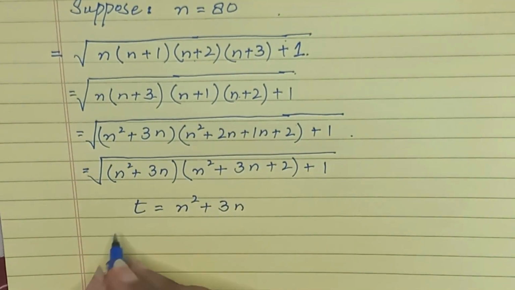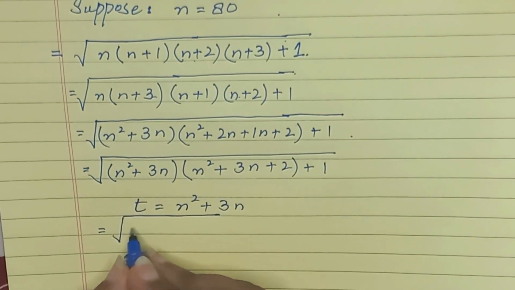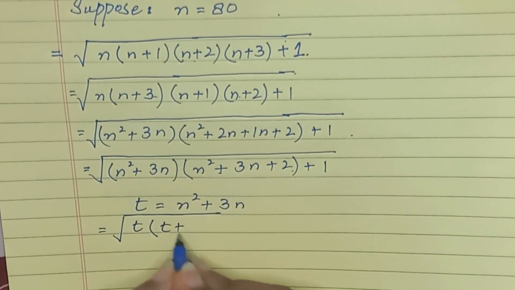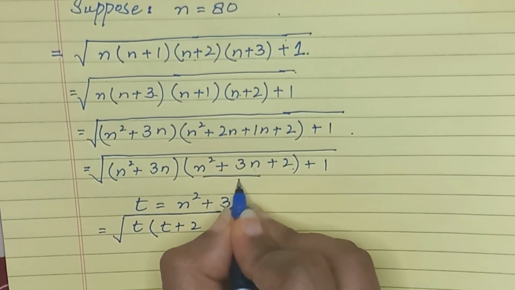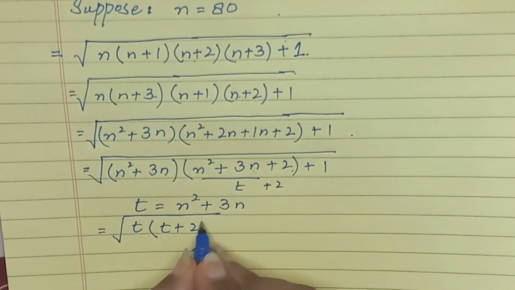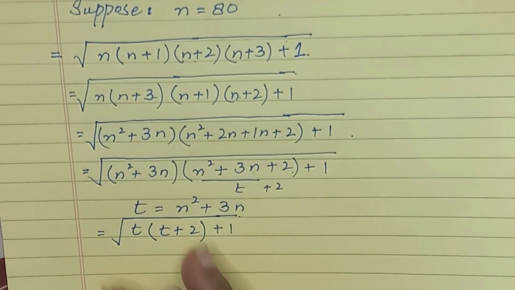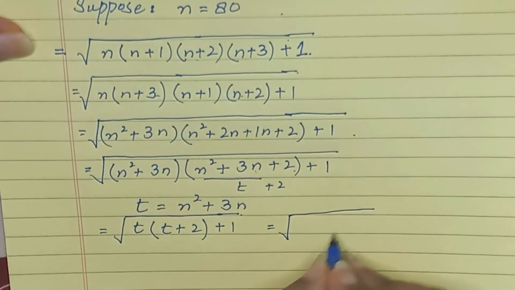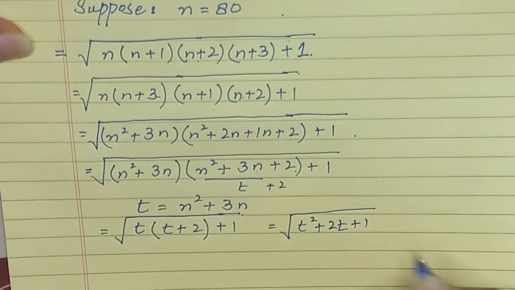So the above expression will be equal to t into t plus 2, because n square plus 3n is t, plus 1. Now we will multiply it, so it will become t square plus 2t plus 1.